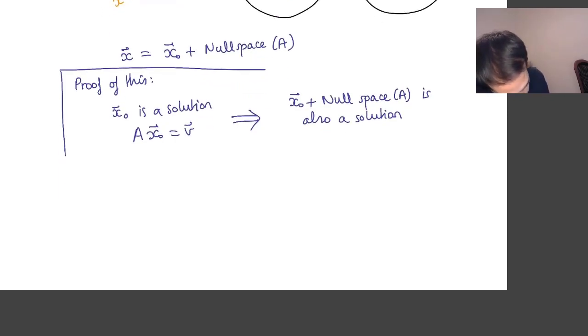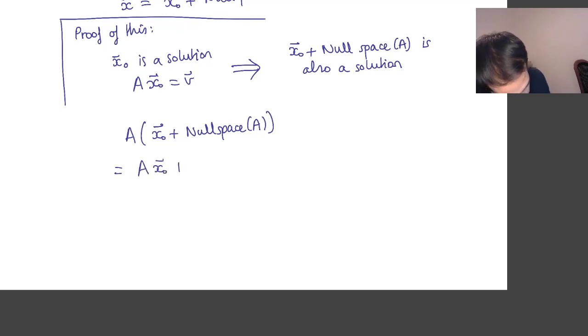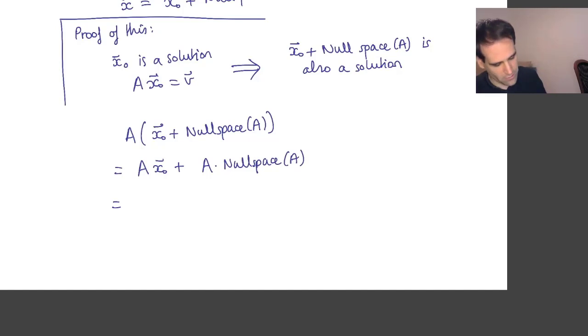Well, you calculate A times the new solution, x0 plus null space of A, and then you apply linearity to this, yeah? So this is equal to A times x0 plus A times the null space of A. And then we know that A times x0 equals V because it was one particular solution.